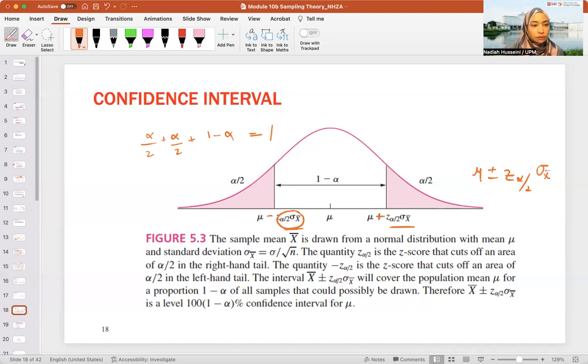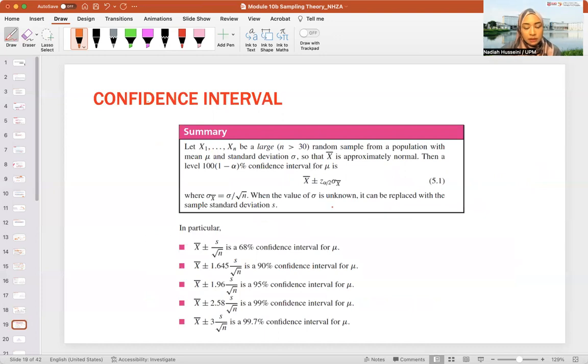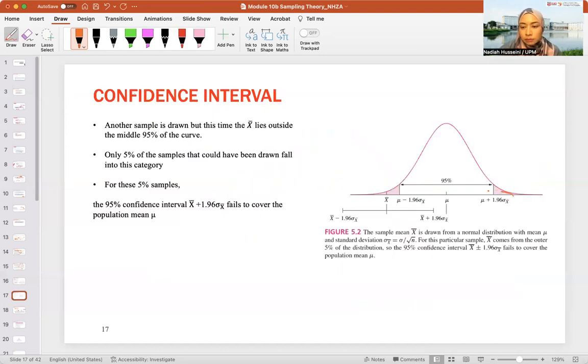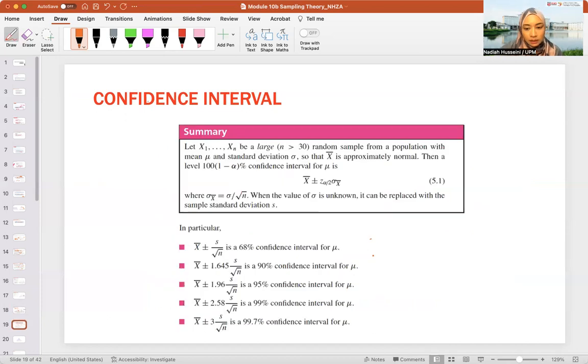So I'm just going to go to the example so that we can better understand this. You saw earlier the range was mu plus 1.96, and I told you, don't worry about the 1.96. We can figure it out later. So this is how we can figure it out. They are just listing it out, but basically we will try to find out how to find these numbers using the cumulative distribution function table.